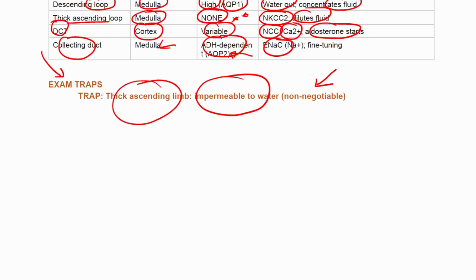To secure top scores, you must memorize the key transport symbols and glucose thresholds. The proximal convoluted tubule possesses a strict maximum for glucose, known as the glucose threshold, which is established at 180 milligrams per deciliter.